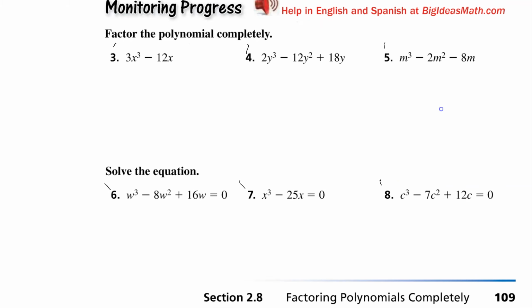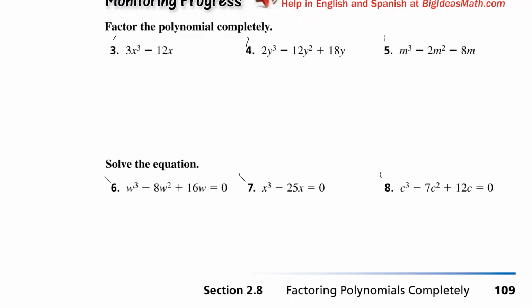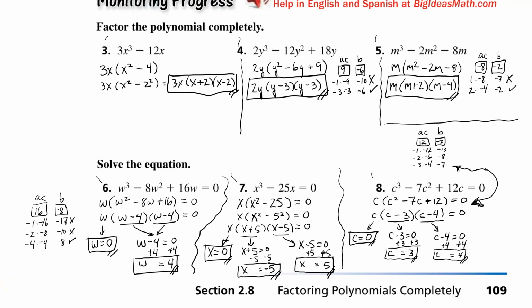And then you can go from there. So here are my answers. Compare them to see that you got the same answers. If you have any questions about how I arrived at those answers, write them down. Please contact me and we can go through those together.